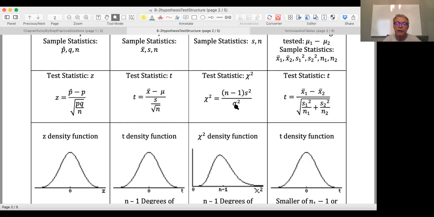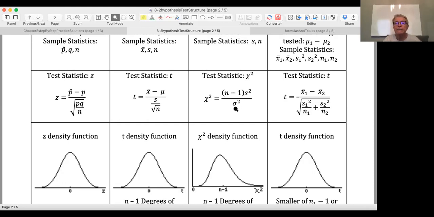So S squared is going to be close to being the same as sigma squared. Might be slightly smaller, might be slightly larger, but close to sigma squared, which means that this ratio, S squared over sigma squared, is going to be close to 1. And that means 1 times n minus 1 would be n minus 1. So the value of chi-squared is going to be close to n minus 1. And we would get values of the test statistic in and around here.